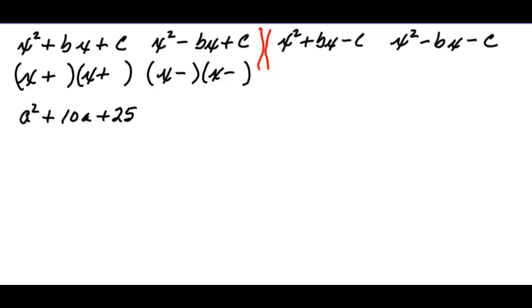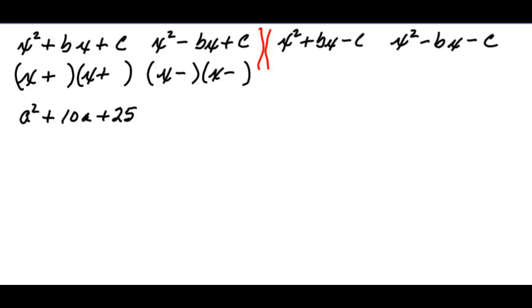Now, the question we're going to ask ourselves is, what two numbers, when multiplied together, give us 25, and when added together, give us 10? The factors of 25 are 25 and 1, and 5 and 5. Well, 25 plus 1 gives me 26. That won't work, but 5 and 5 does work.